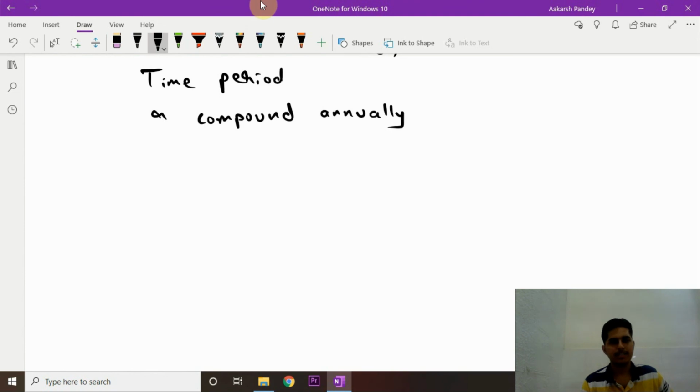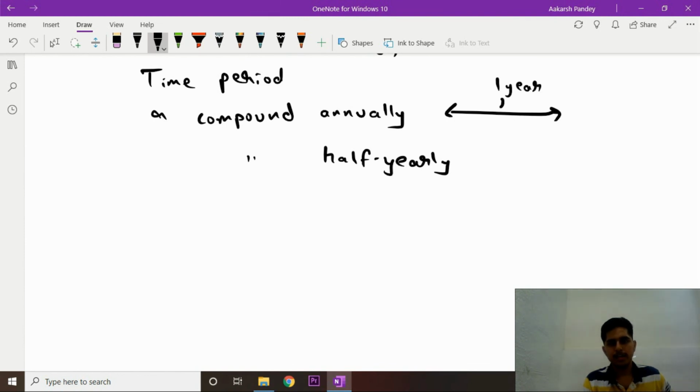Some banks will say I'll compound your money half yearly. Here if you draw a timeline, this will represent 1 year and my rate of interest will be R. But if it is compounded half yearly, you will have a rate of interest R by 2 for the first half. For the second half, your interest rate will be R by 2 again.